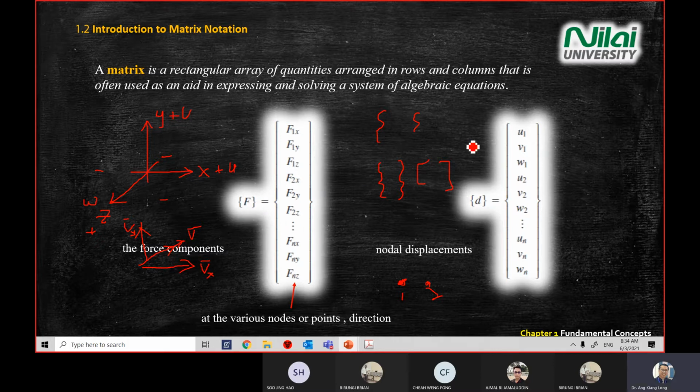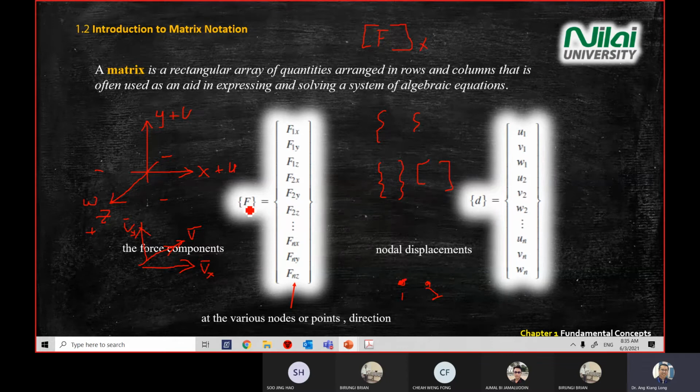Okay, memorize this one. Don't confuse. In the exam, if you accidentally write square bracket F, straight away I cross your answer, meaning you don't understand how to properly represent your element component. For force, you have to use the curly bracket, as recommended for this module.